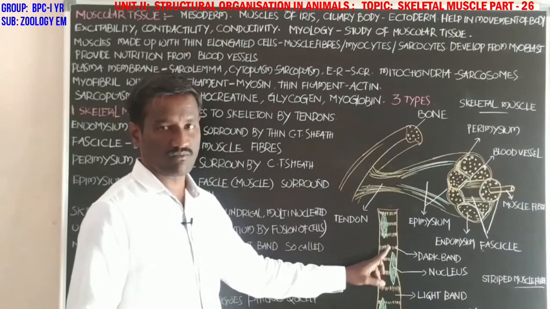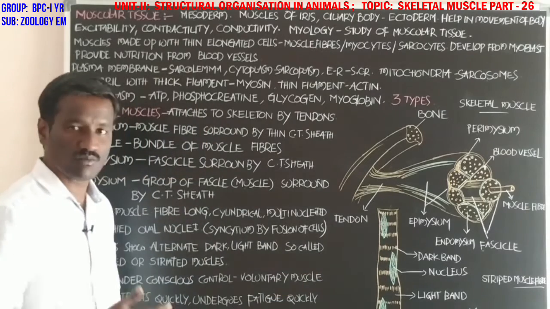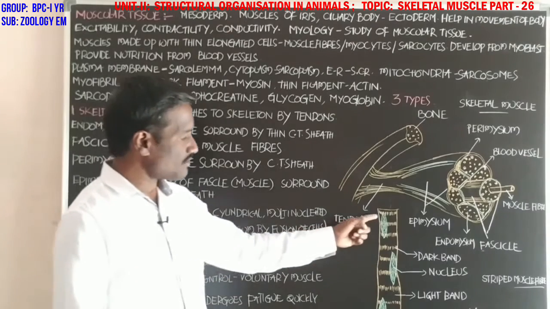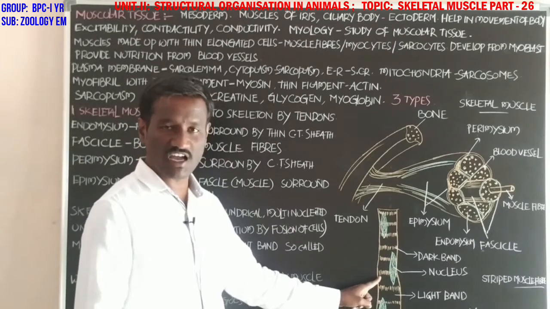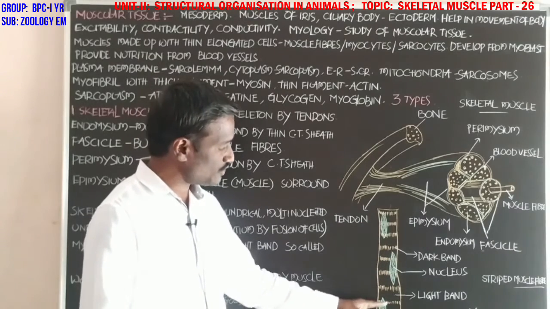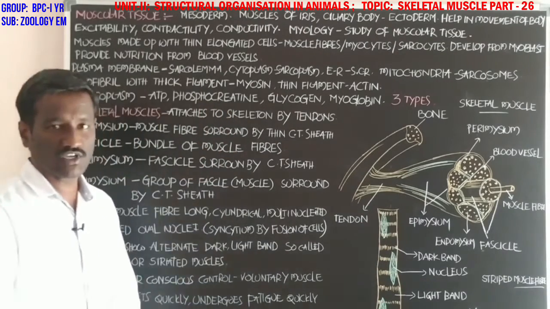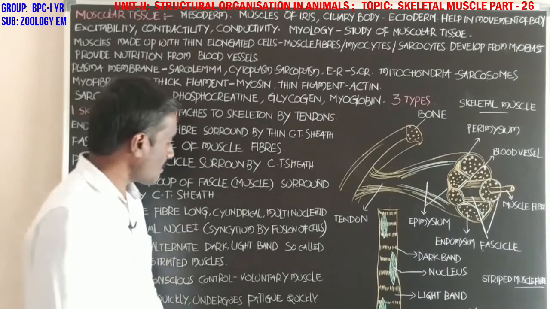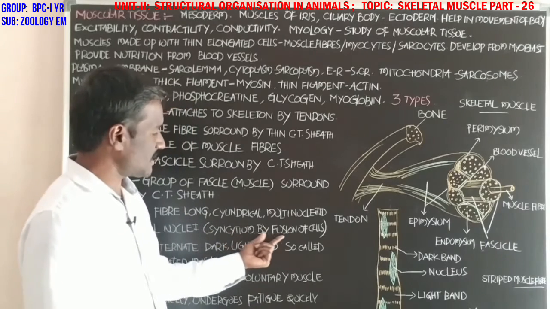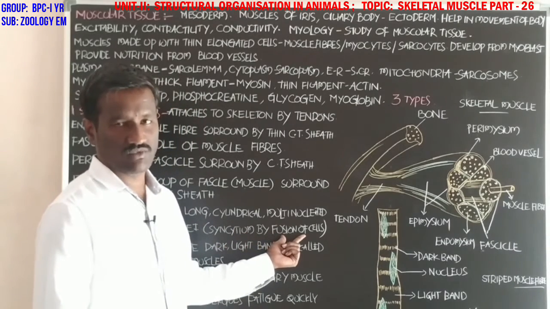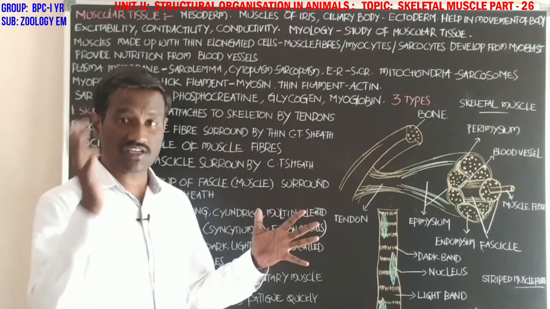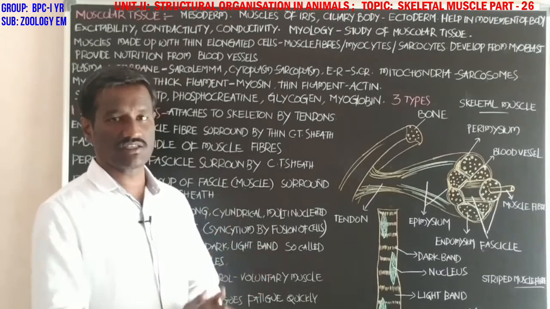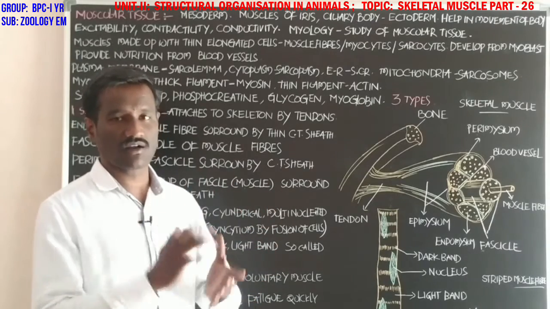Multi-nuclei position. Multinucleated means more number of nuclei. Okay, unbranched, these are unbranched, student. The muscle fiber is unbranched and has oval shaped nuclei. More number of nuclei are present in the cytoplasm of the muscle fiber because of syncytium, formed by the fusion of myoblast cells present in the embryo of the organism.